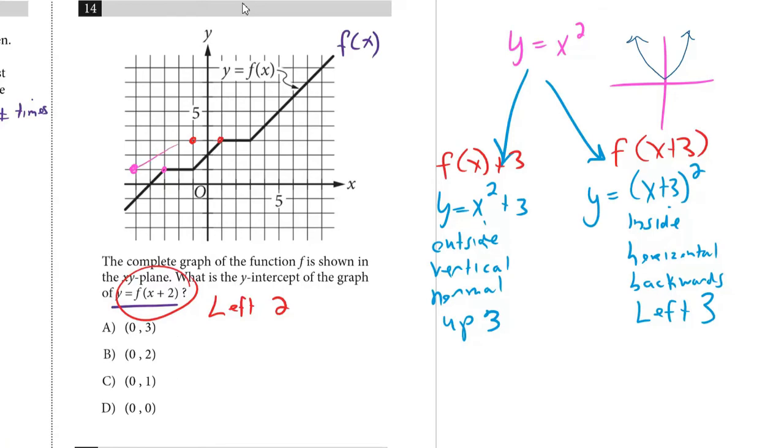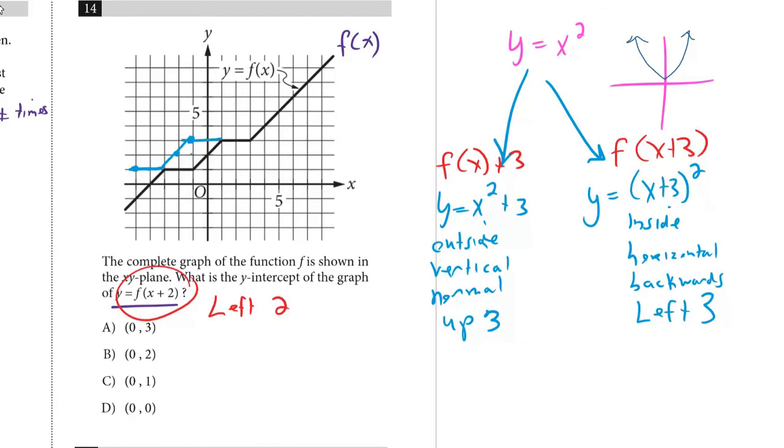And so we can connect. Let's see. If we're going left 2, 1, 2, and 1, 2, and 1, 1, 2. Okay, so just drawing a mirror image of what we already have.